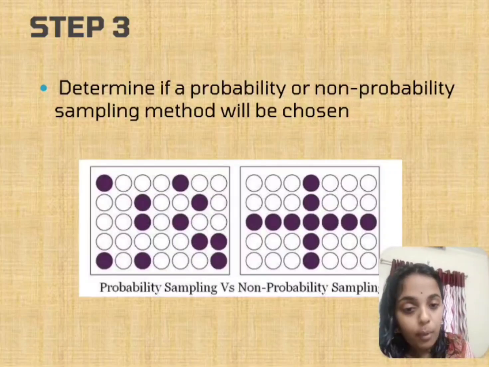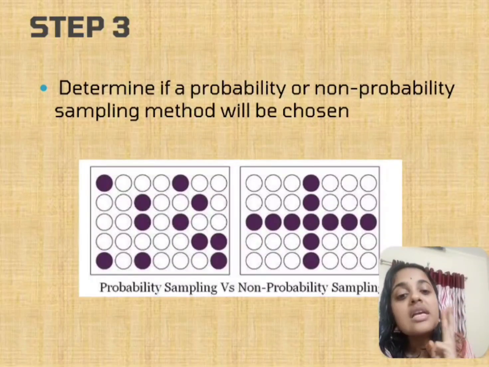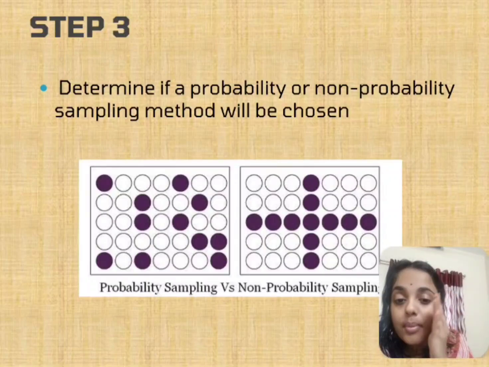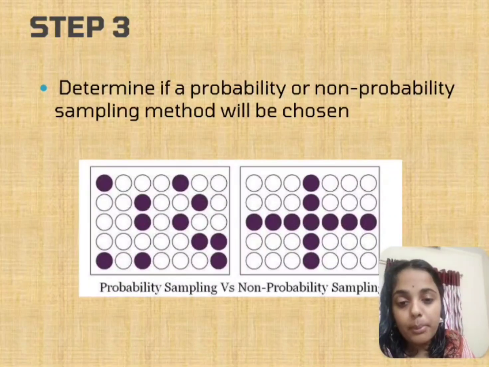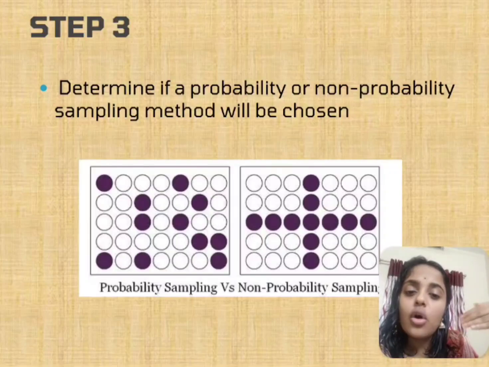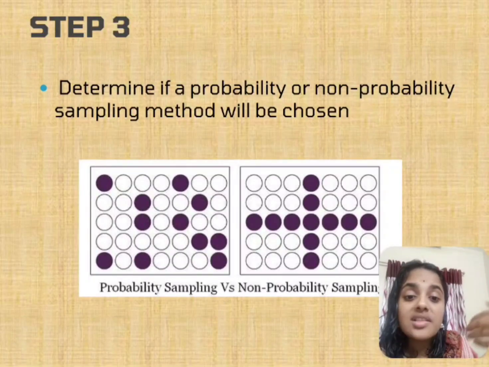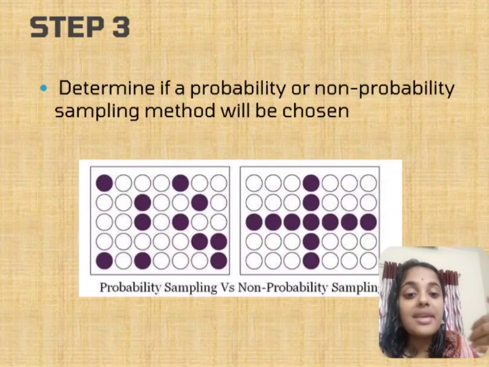So the target population, then the sampling frame, and then the third step is the sampling technique, that is probability sampling or non-probability sampling. Probability sampling and non-probability sampling also have some subdivisions, subcategories.